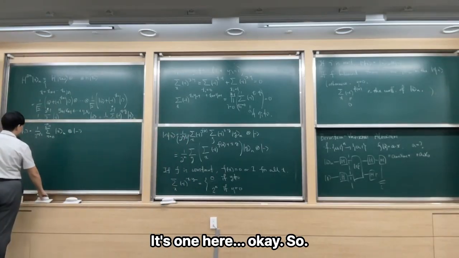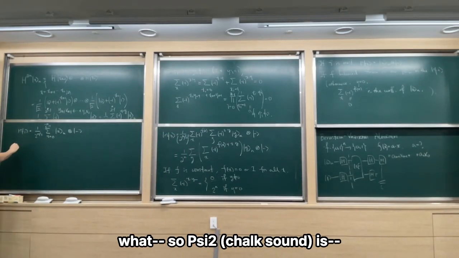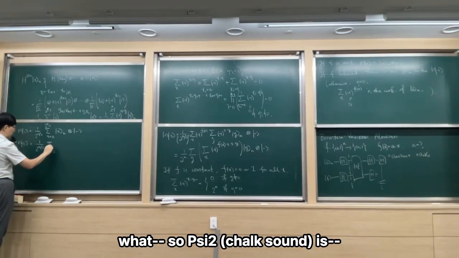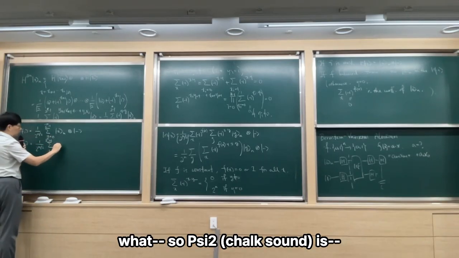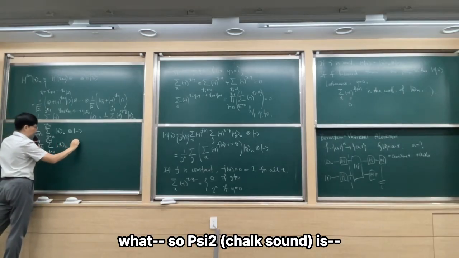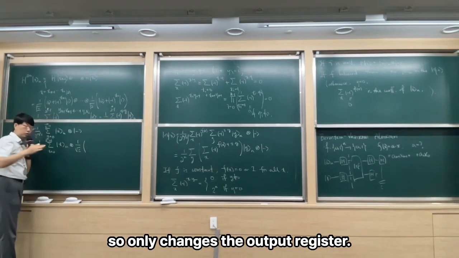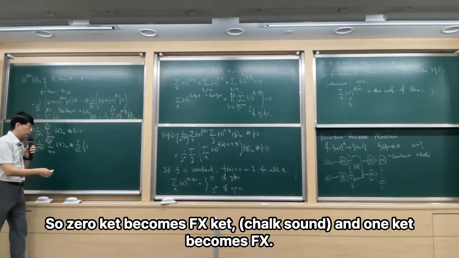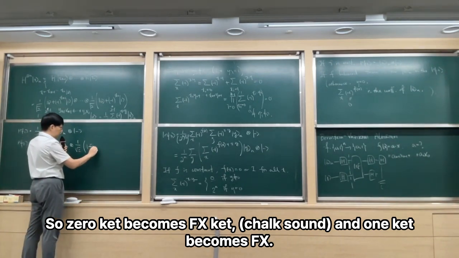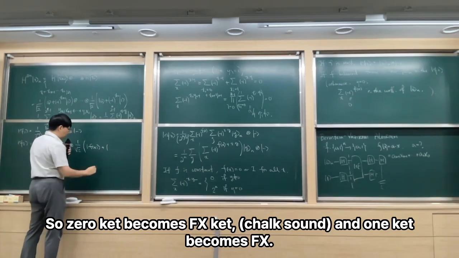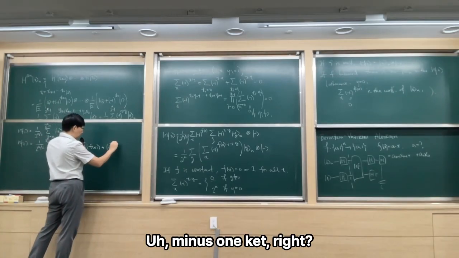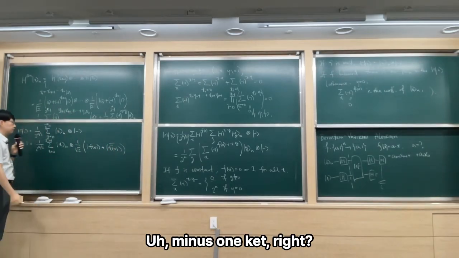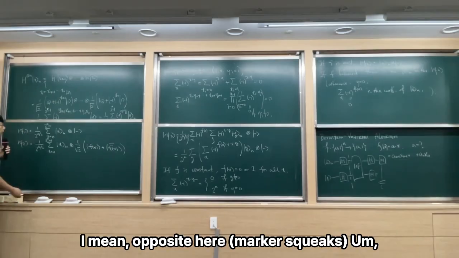Okay, so psi 2 only changes the output register. So 0 ket becomes f(x) ket, and 1 ket becomes f(x) minus 1 ket, I mean the opposite here.